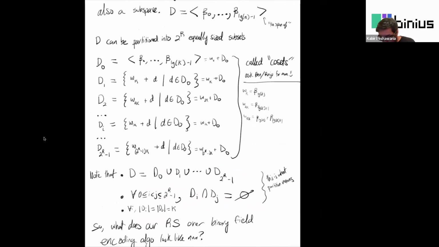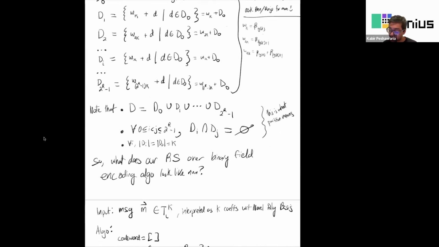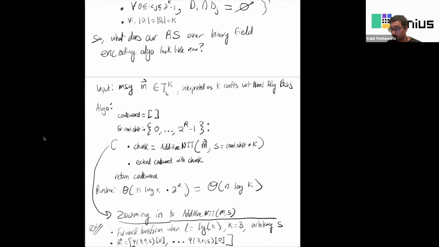Cool. So now what does our Reed-Solomon over binary field encoding algorithm look like? We take as input a message, M, which is a K-length vector, which we interpret as coefficients with respect to some novel polynomial basis.